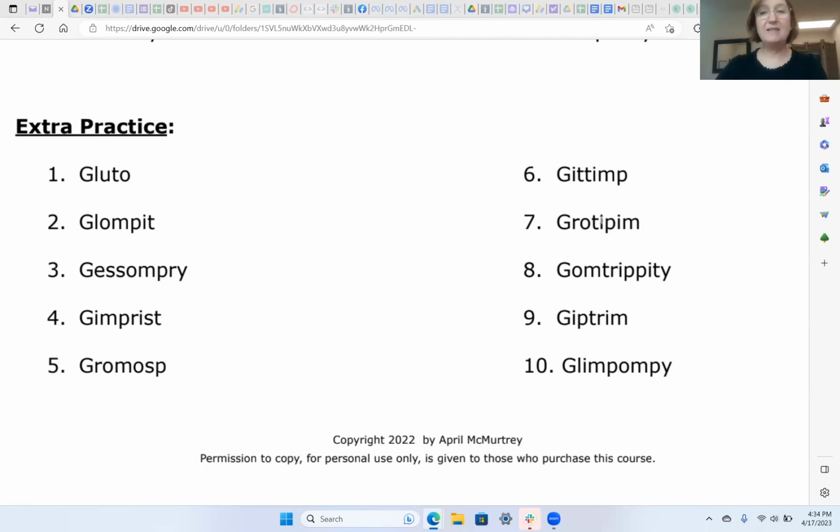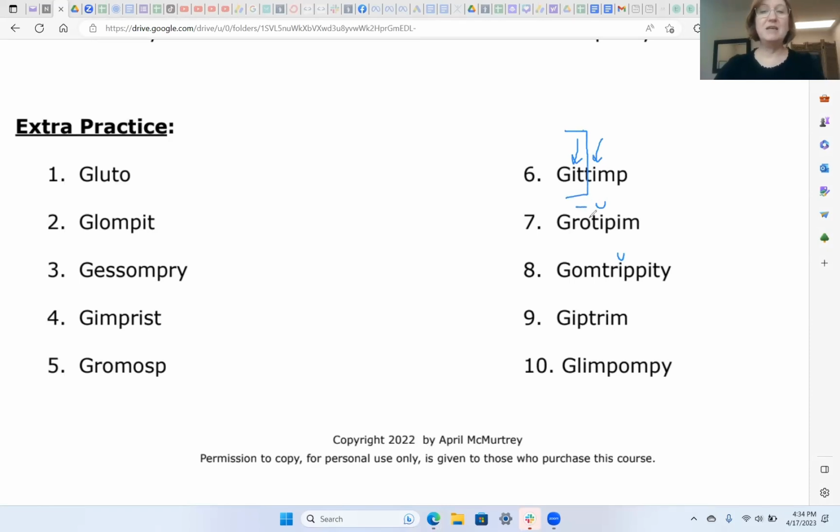If you'll remember, I in the middle, like this one, and this one, will break the tap two rule. I's in the middle make their short sound as long as they're in the middle syllable. It can't just be in the middle of the word, like this is in the middle of the word, and this is in the middle of the word, but that's not in the middle of the syllable because this word is only a 2-syllable word.